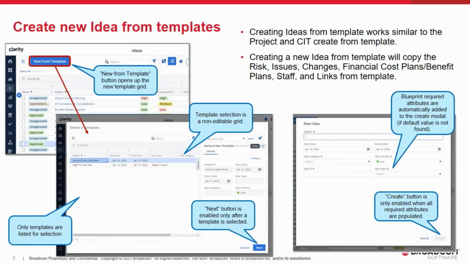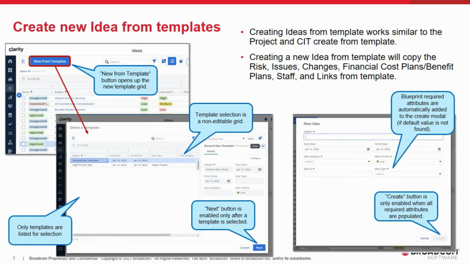The user can select any of the template, which is a non-editable list. Once the user selects one of the template, then the next button will be made available. Clicking on the next button, the create from template modal will be displayed based on either the default blueprint or the blueprint assigned to the template.